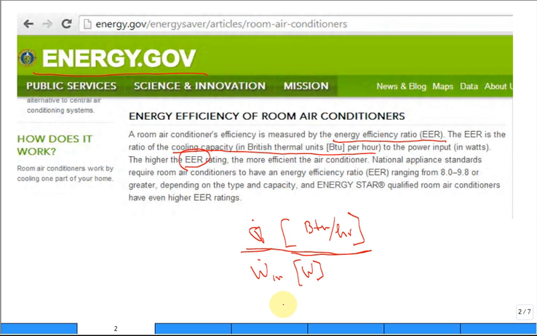Seems like a funny unit, but what happens is this is a nice number that's not in the thousands. It's in the vicinity of 5, 10, 15. Most of the time, it's between 8 or 9 and 10. So this is for room air conditioners. They have EER ratings.